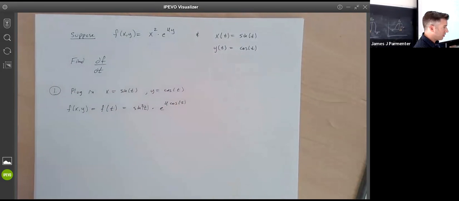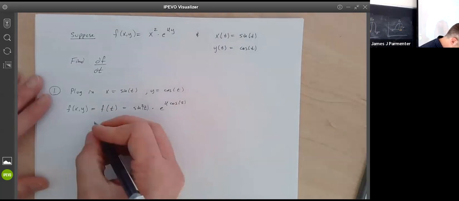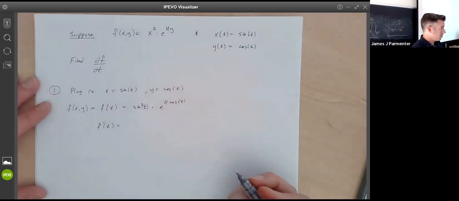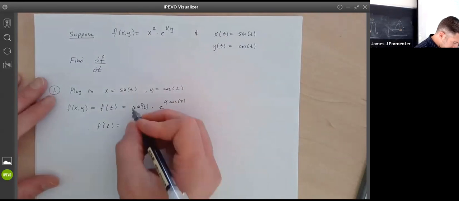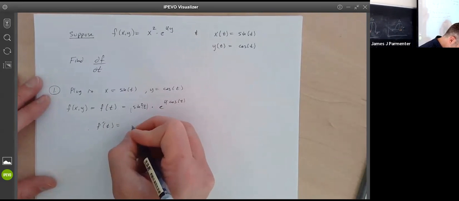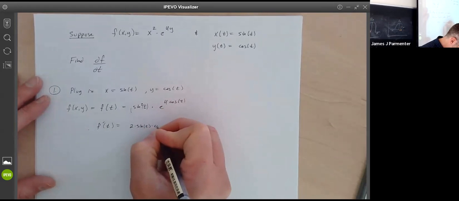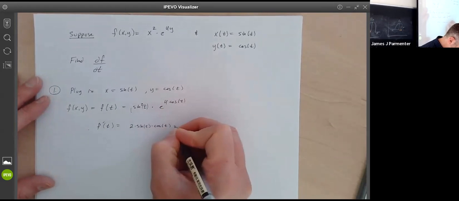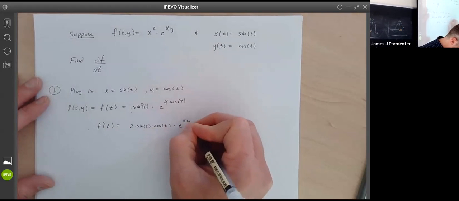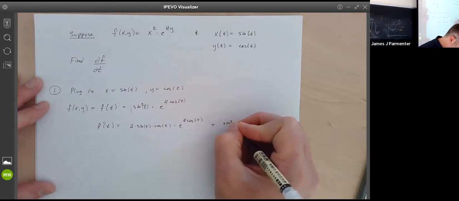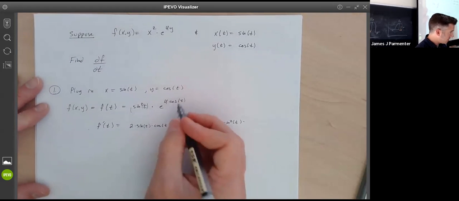Well, great. That's a function of t. We definitely know how to take the derivative of functions of t. So taking the derivative here, I have to use the product rule. So the derivative of sine squared is going to be 2 times sine of t times the derivative of sine, times e to the 4 cosine of t, plus, now we leave the sine squared alone, and we multiply by the derivative of e to the stuff.